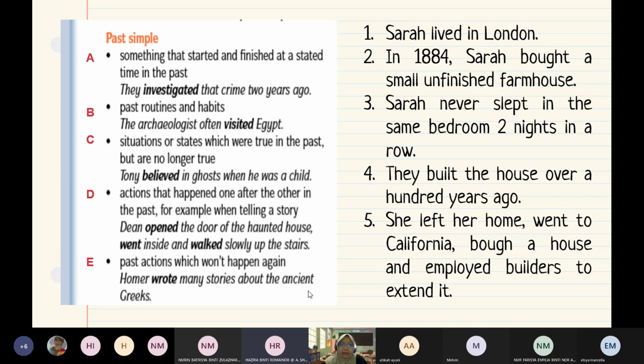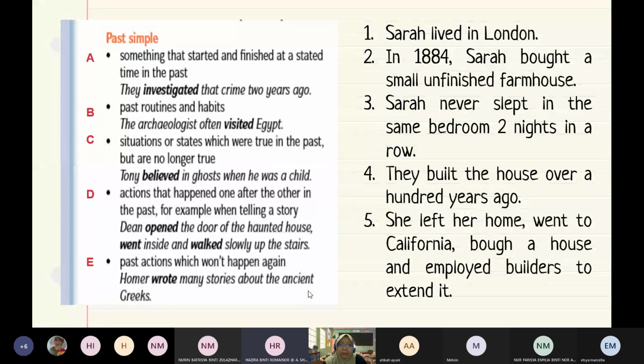Past simple. What is past simple tense? We can use past simple tense for something that started and finished at a stated time in the past. Maksudnya, benda yang bermula dan berakhir pada masa yang sudah lepas.